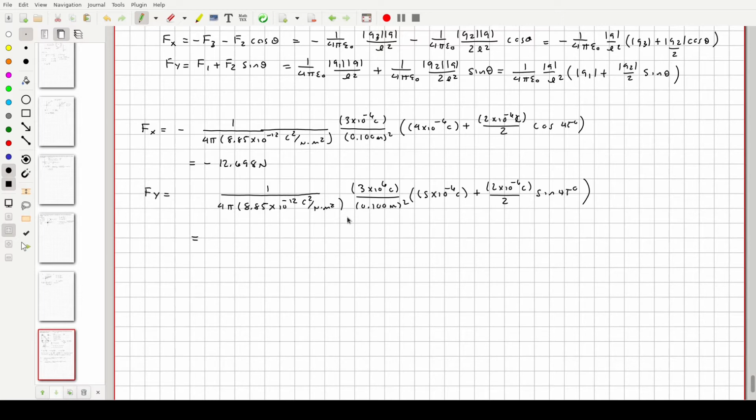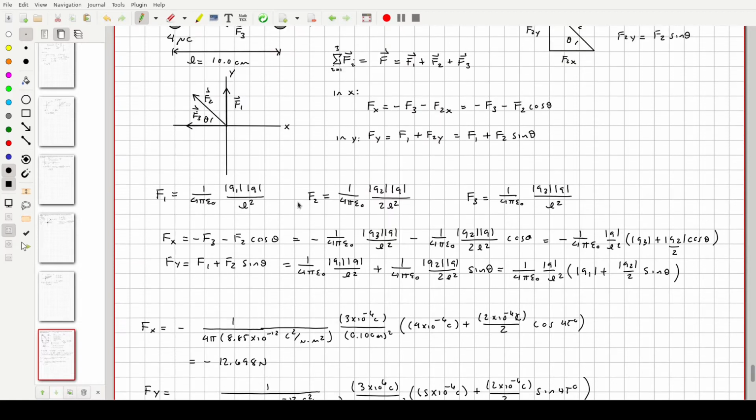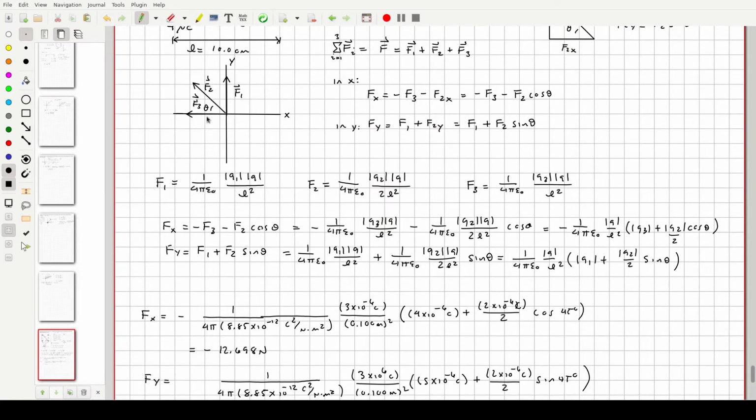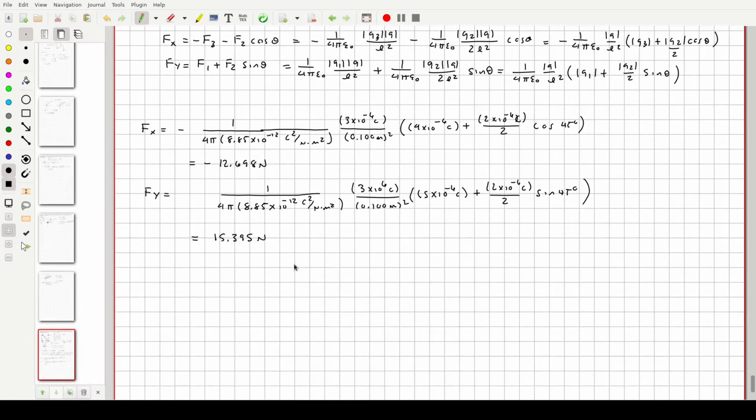So if you do this, let's see here, I get a positive 15.395. So the x part's negative, the y part's positive, which is exactly what we expect in our picture here.